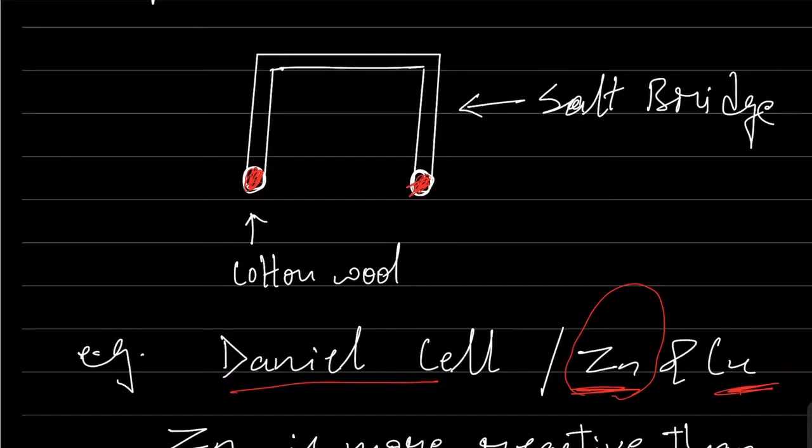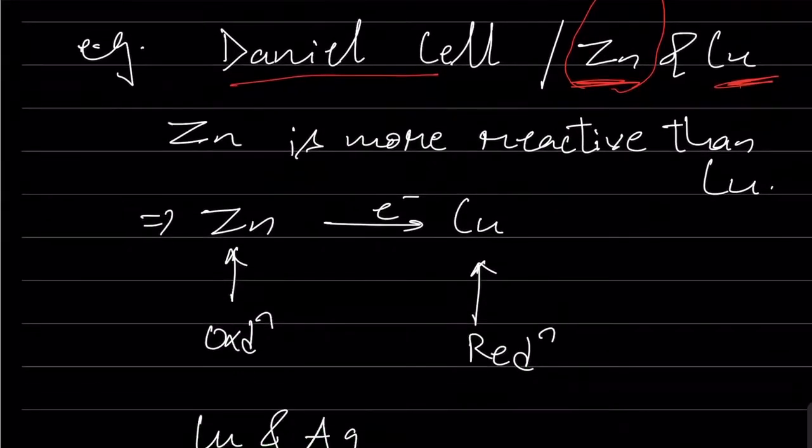Everybody understands that? The metal which is more reactive will always act as the oxidation half cell, or you can say anode, and the metal which is less reactive will always act as cathode. Obviously more reactive means it will lose electrons, and the electrons will be gained by the copper, which will be acting as cathode.